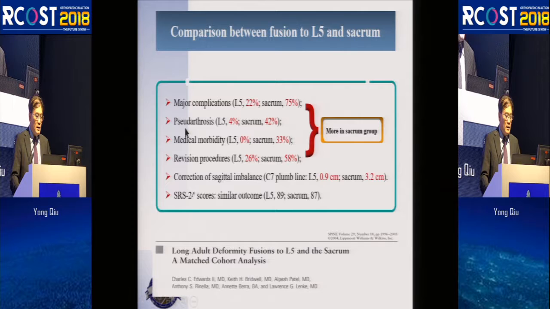And regarding the sacral atherosclerosis rate, if you stop at S1 it's 42%, but stopping at L5 only 4%. So you can see many important complications occur in instrumentation stopped at L5 because of this.